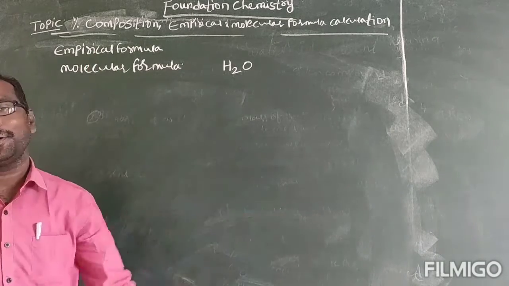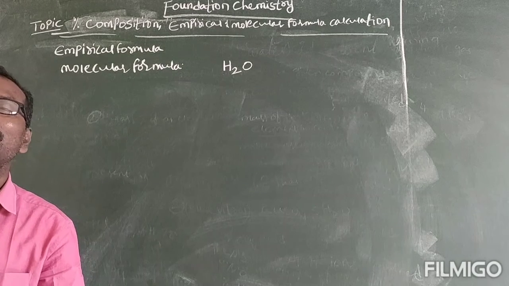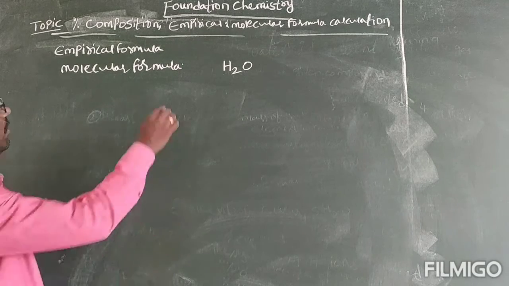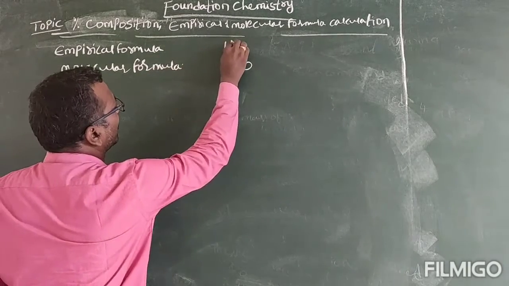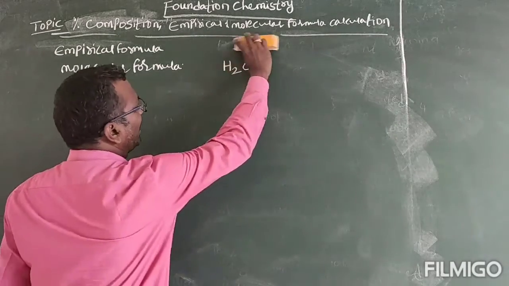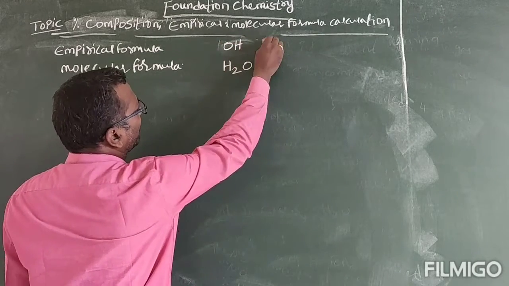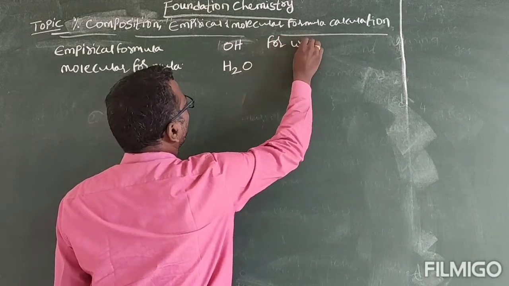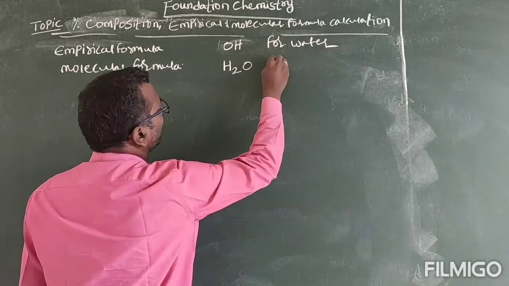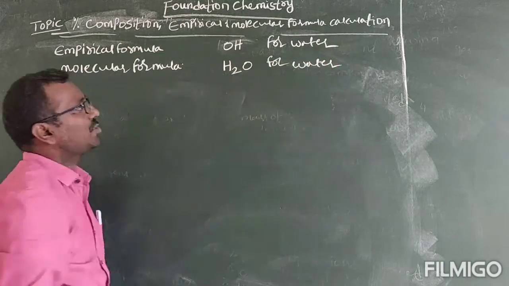Whereas the empirical formula gives the information only regarding the elements present. What is the empirical formula for water? HO. We will write it as OH. OH is the empirical formula for water, and the molecular formula for water is H2O.